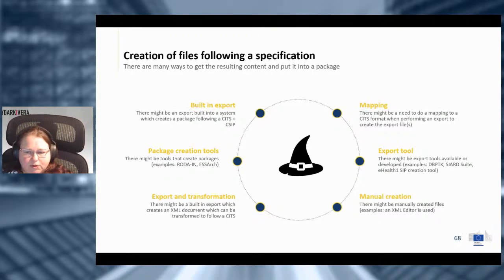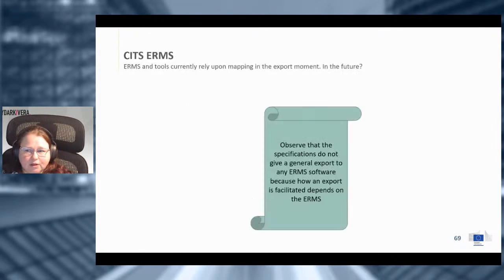You just need to drag your files together. And as I said, what we see in the future is that they are built into the systems, so you come to the point of having to press one button and you get what you want. So that's all the different ways. And I can assure you there are more ways, but these are the most common ones.